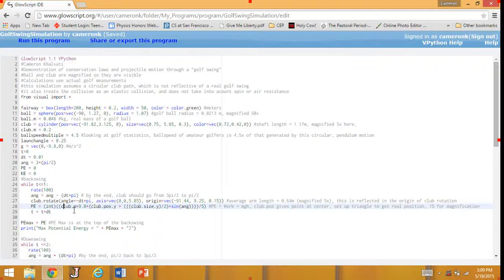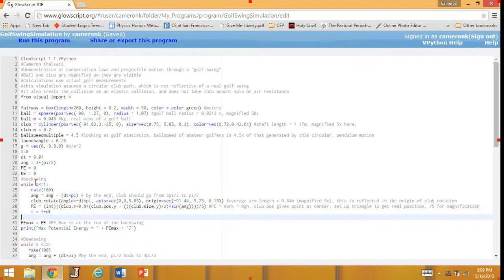So I did club.m, the mass of the club, times g, and then to find the height, you have to add the y position, which once again is at the center of the club, plus you have to set up a triangle to find the rest of the y position of the club. So that's just some simple trig right there. And then I'm updating time.